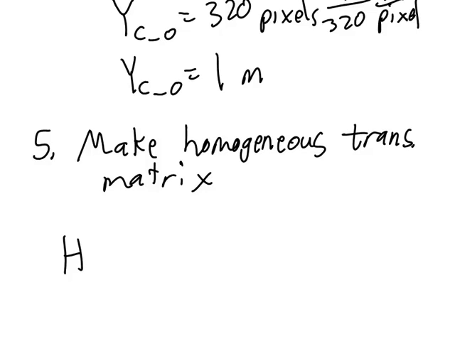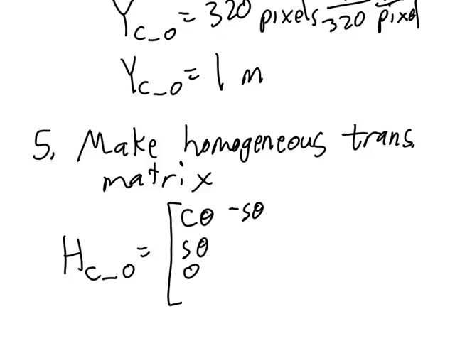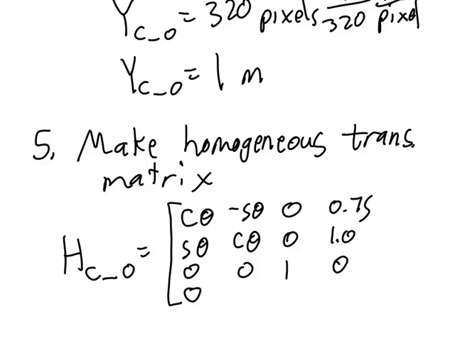Since this is the homogeneous transformation matrix from the camera frame to frame 0, we plug in the rotation that we got from C to 0, we add on the displacement, and then we end the matrix with a row of zeros and a 1.